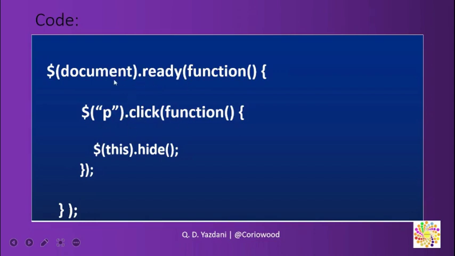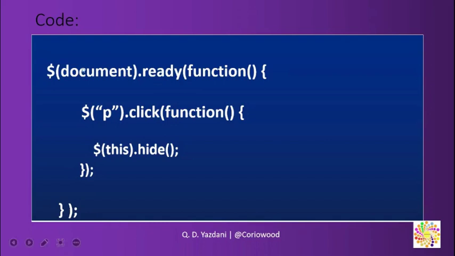This is called the DOM tree. And what is the DOM tree? First, we wrap the document as an object using jQuery, with the dollar sign function, and then you can call ready.